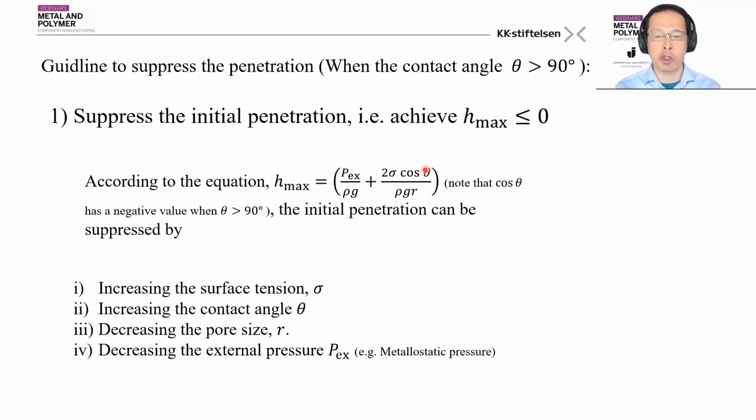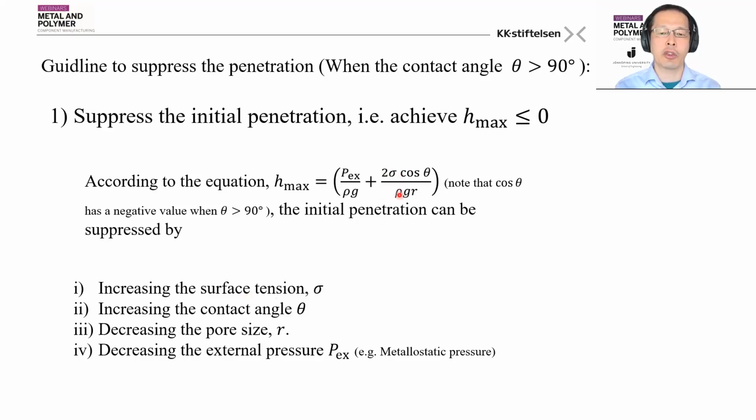If we could make this absolute value larger, then we can suppress the penetration. Here we are considering a contact angle larger than 90 degrees, so cosine theta has a negative value. We can try to increase the surface tension sigma by decreasing the amount of surface active elements such as oxygen, sulfur, and so on.